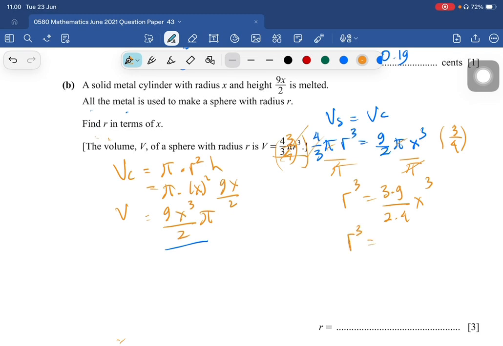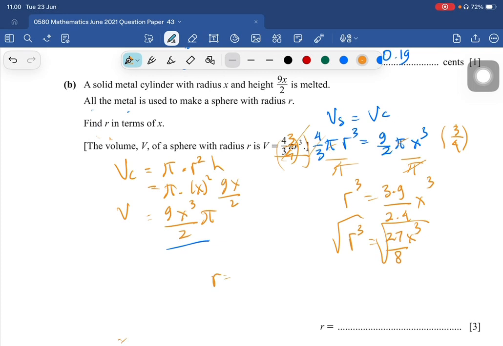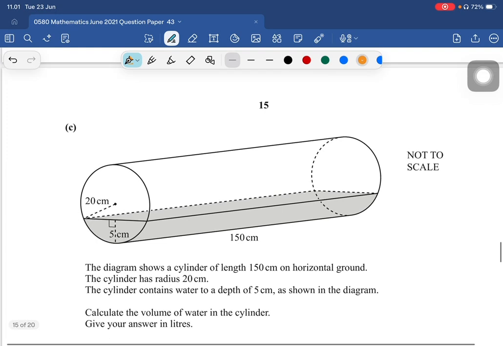Okay, r cubed equals 27 over 8 times x cubed. Okay, we take the cube root. So r equals the cube root of 27, which is 3, times x over the cube root of 8, which is 2, so r equals 3x over 2.